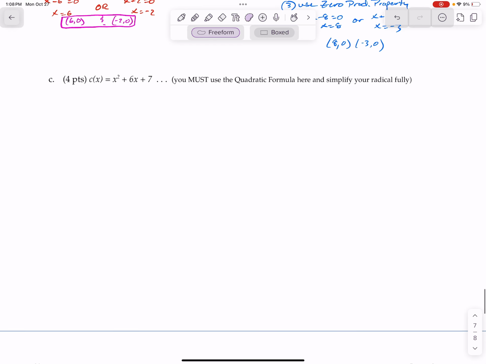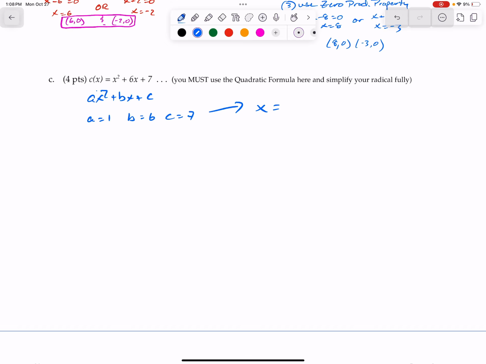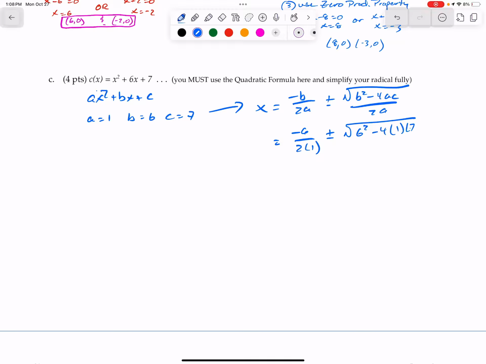All right, we've got to use the quadratic formula here. I'm going to just bang this out. In this equation, it's in the form ax squared plus bx plus c. A is 1, b is 6, and c is 7. So our solution is the opposite of b over 2a, plus or minus the square root of b squared minus 4ac over 2a, which is minus 6 over 2 times 1, plus or minus the square root of 6 squared minus 4 times 1 times 7 over 2 times 1.